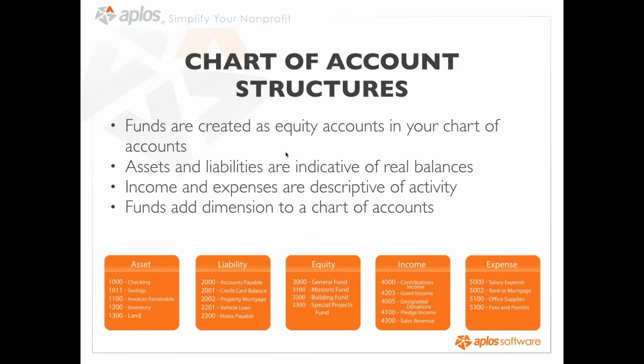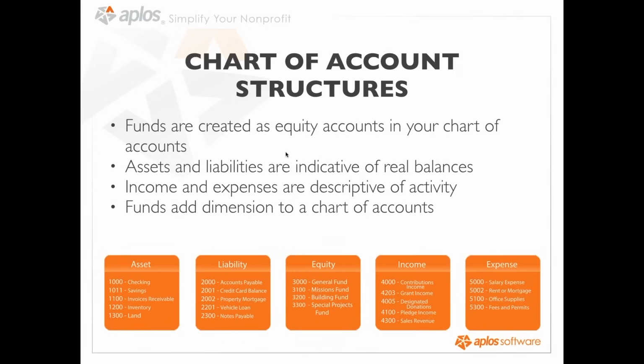So when creating this chart of accounts, you're going to create the funds as equity accounts. Your asset and liability accounts should be indicative of real balances. What I mean by this is you typically don't have assets and liabilities created in surplus or in deficit of what you actually possess or owe. Examples of assets would be your bank accounts, so have an asset account to track checking and one for savings.